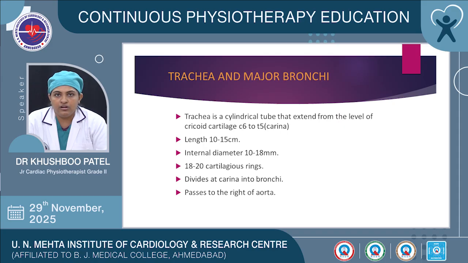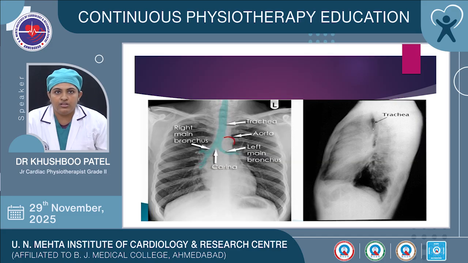Its internal diameter is 10 to 18 mm, with 16 to 20 cartilage rings, divided at the carina into bronchi, passing to the right of the aorta. Now we can see the trachea, right and left main bronchus, aorta and carina.